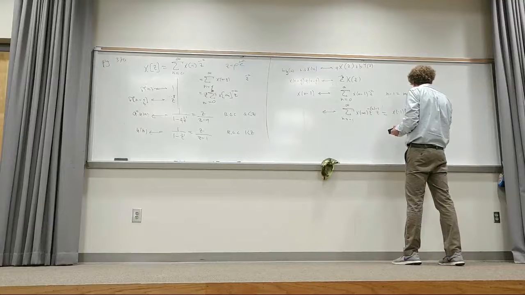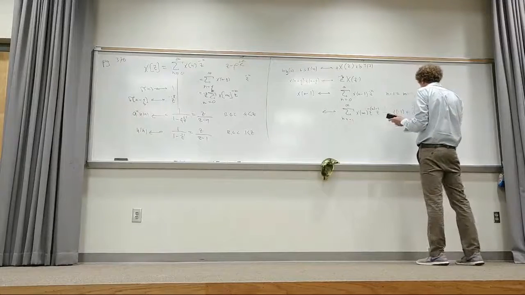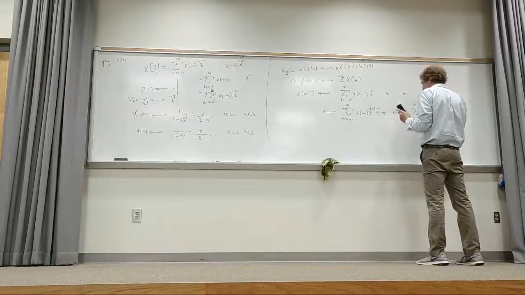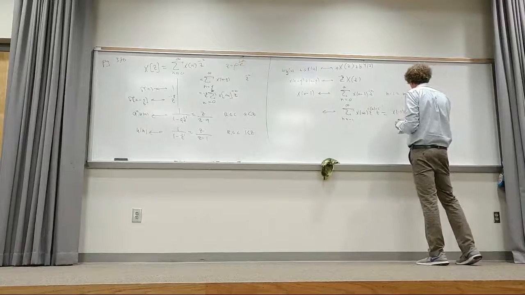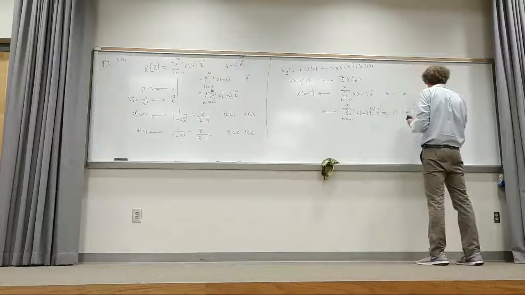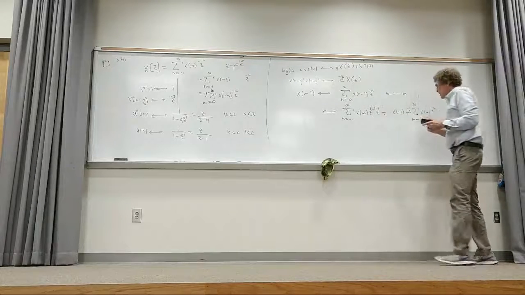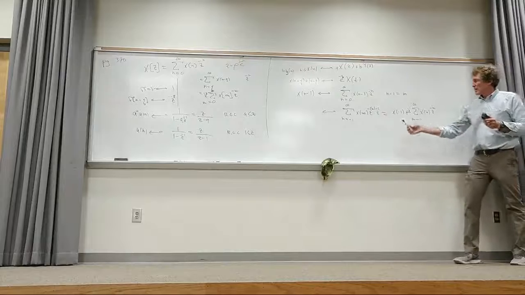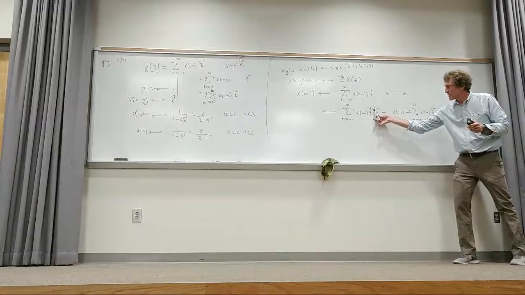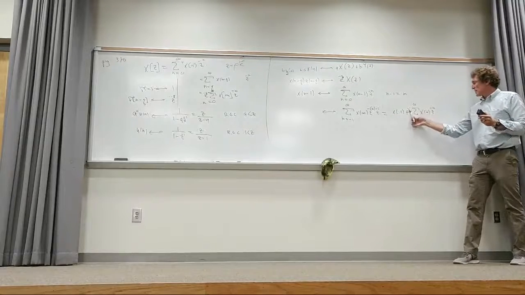Now m will be equal to 0 to infinity, right? Of x of m here times z to the what? z to the minus 1 comes out in front, z to the minus m is there. Do you all see that? Right here, when m is 0, I get z to the minus 1 here, right?